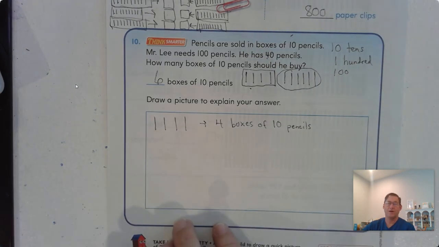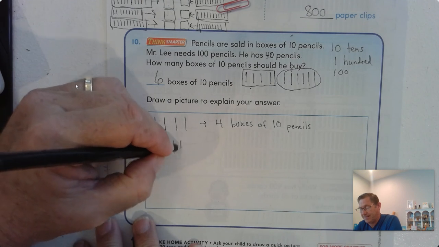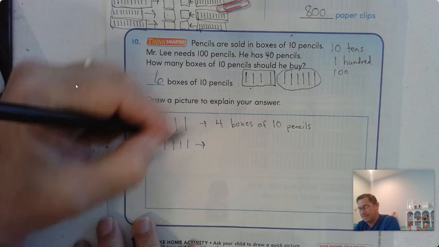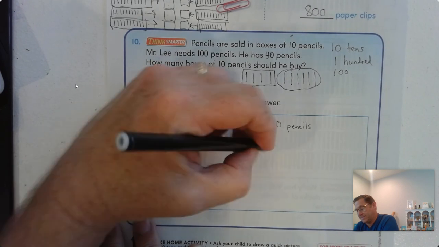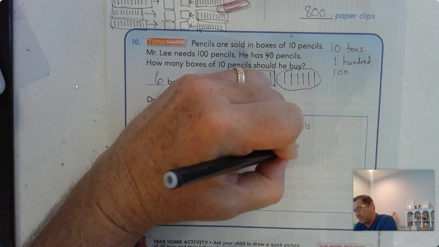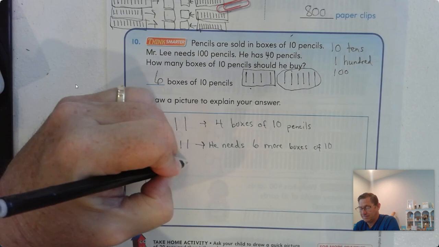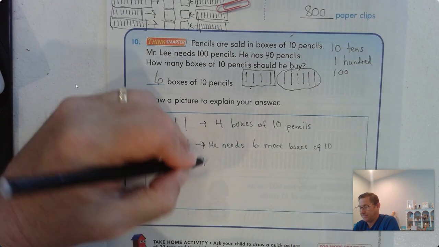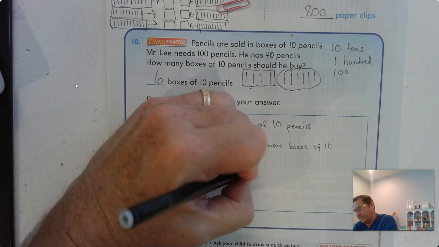Okay, he has 4 boxes of 10 pencils. 5, 6, 7, 8, 9, 10. He needs 6 more boxes of 10 to equal 10 boxes of 10.